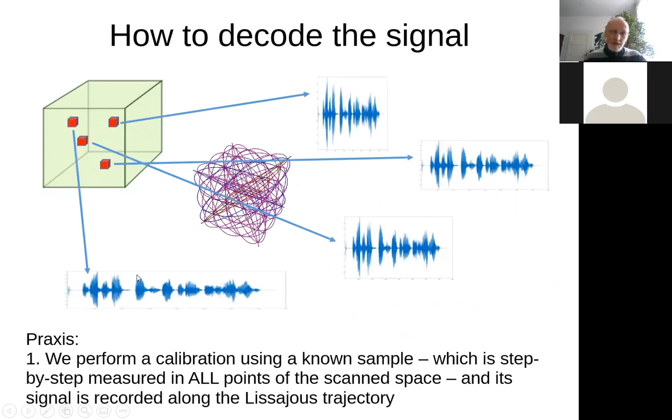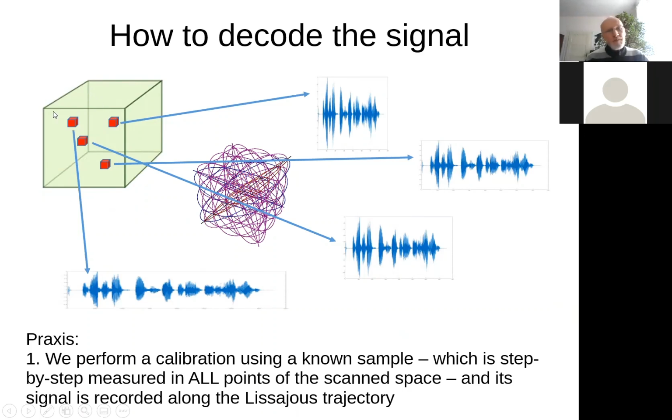In practice, we need to perform a calibration. So we take a sample which we know how concentrated and how big it is. Usually we use a sample which corresponds to the voxel in the space defined by the machine.